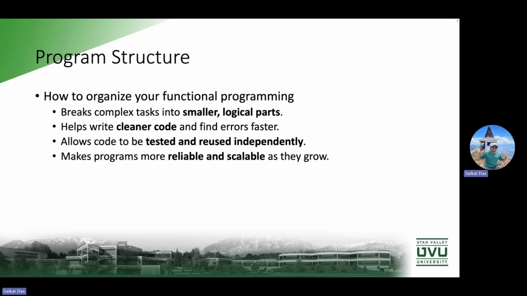That is not functional programming. Whenever you are writing a function, this is called functional programming or procedural programming. So when you're writing functional programming, you need to organize it. So first break those complex tasks into smaller logical parts, write cleaner code and find the errors faster, allow code to be tested and reused independently, and make programs more reliable and scalable.